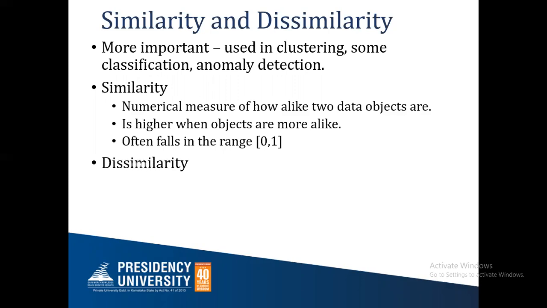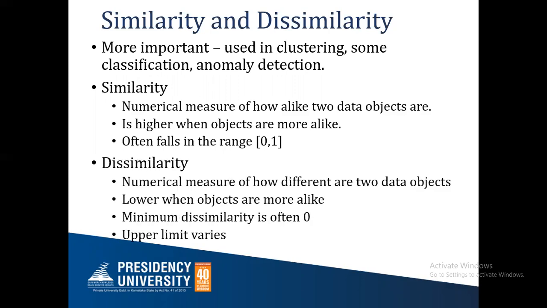Next, we have the dissimilarity measure. This is as well a numerical measure which checks how different the two data objects are. If the dissimilarity number is lower, we say that the objects are more alike. It is similar, so the dissimilarity is lower. Now the minimum value is 0, but the upper limit varies.